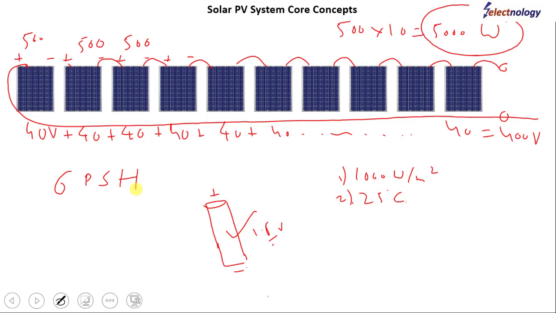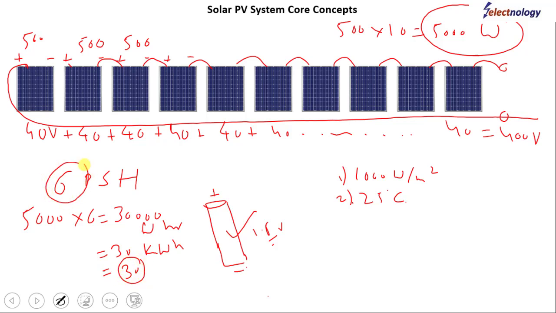This means the rated power of these PV modules, which is 5000, if we multiply it with 6, shall be 30,000 watt hours, or 30 kilowatt hours, which means 30 energy units shall be produced in one day, remembering that 6 peak sun hours is a value estimated for a location for one day. So 30 units shall be produced by this setup.